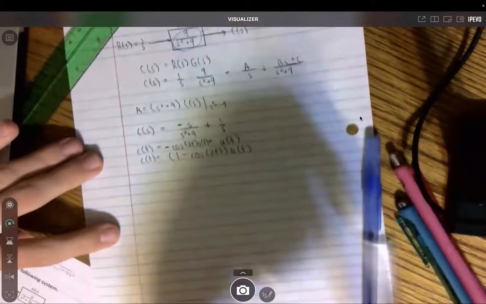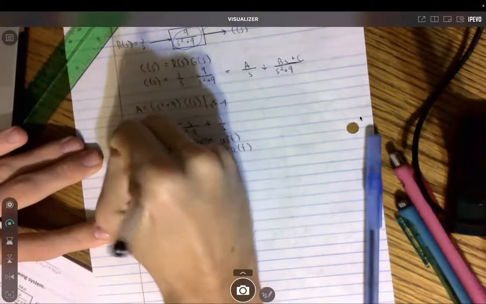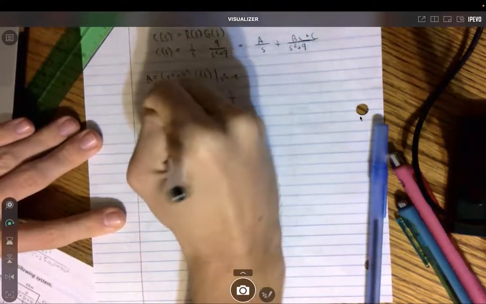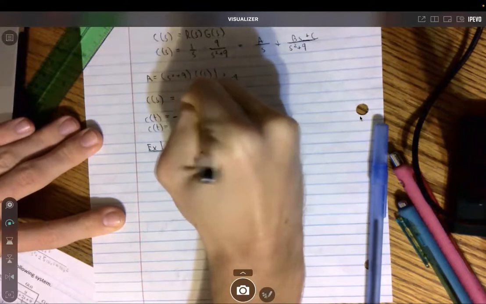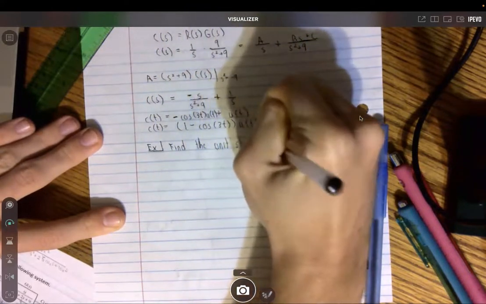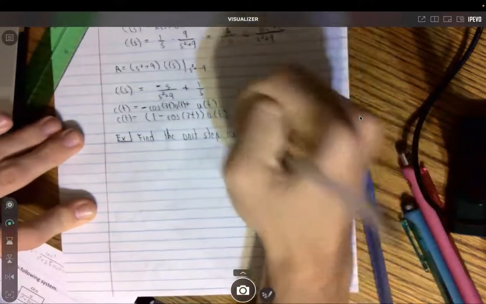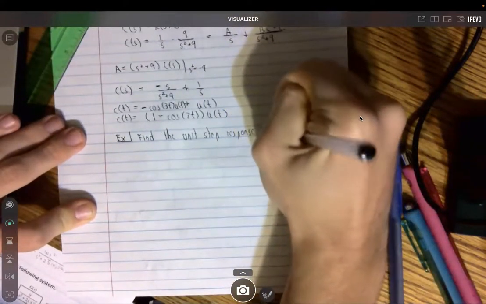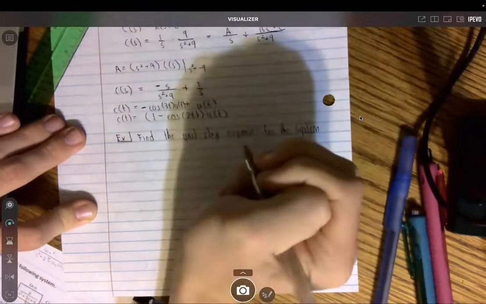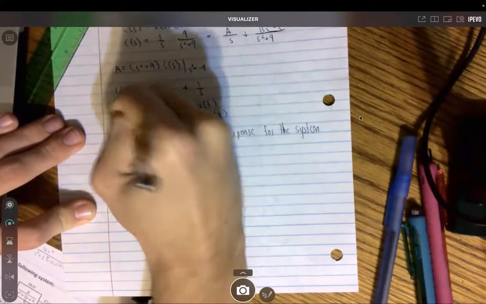And now we're going to do another example where you need to find the unit step response for the system. And we're given, remember, our input then must be the unit step.